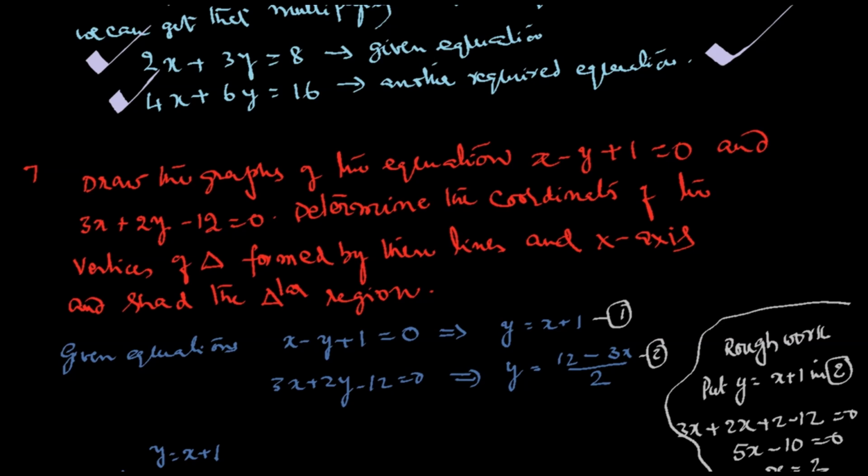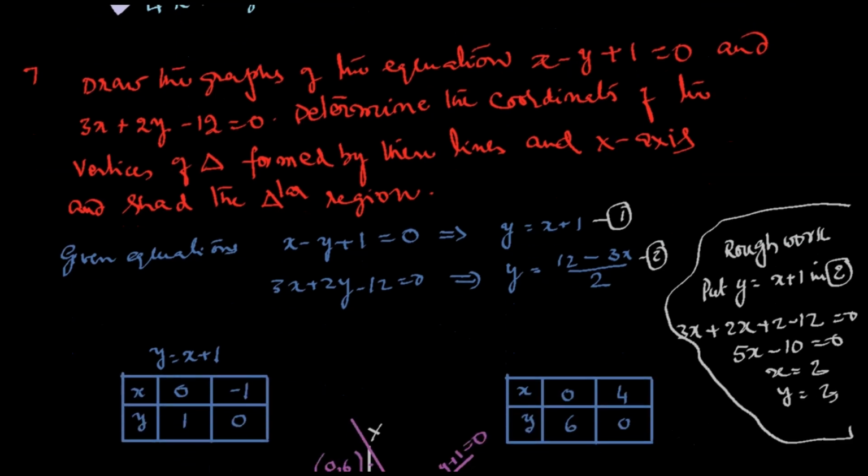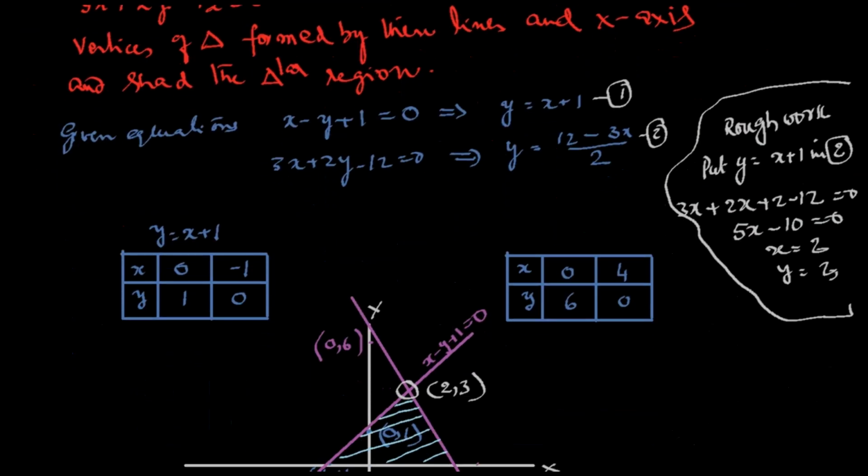Draw the graphs of the equations x minus y plus 1 equal to 0 and 3x plus 2y minus 12 equal to 0. Determine the coordinates of the vertices of the triangle formed by the lines and the x-axis, and shade the triangular region.